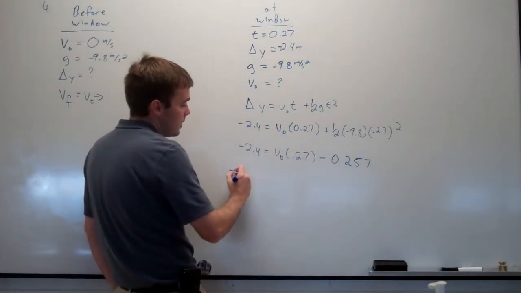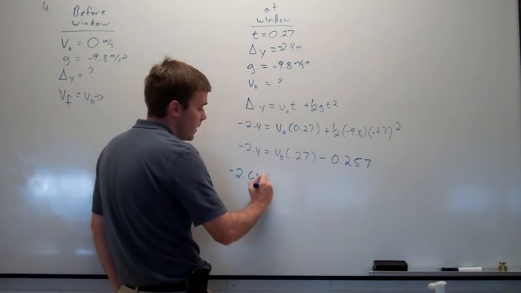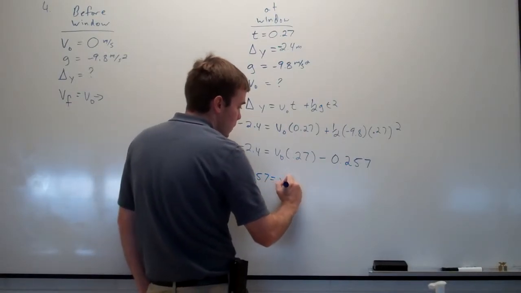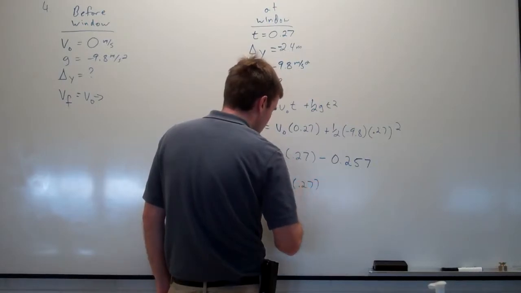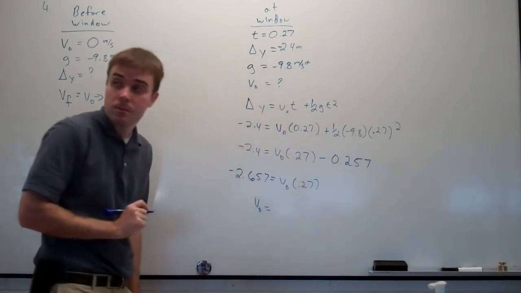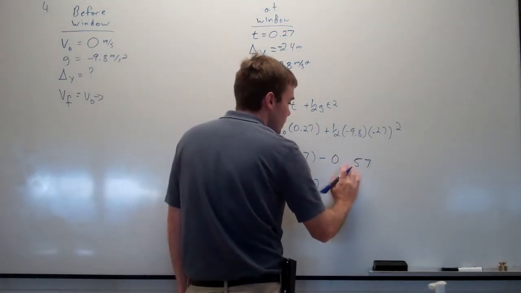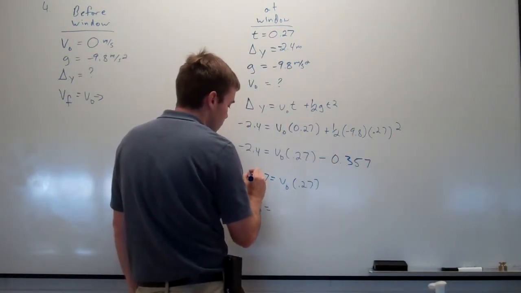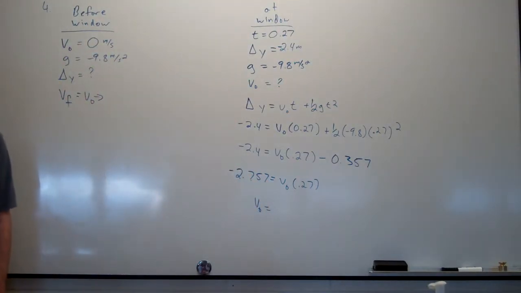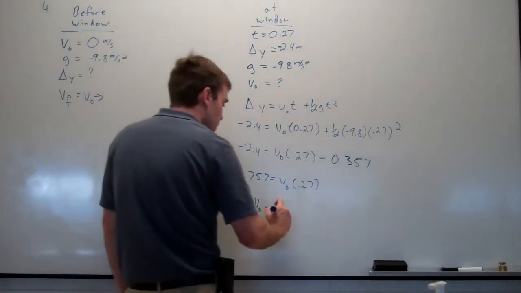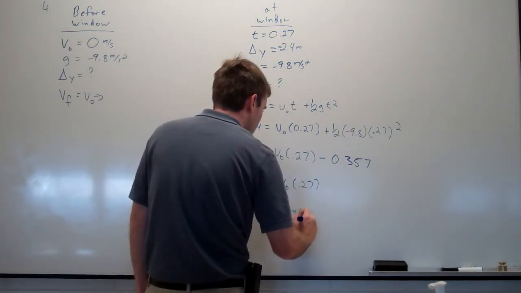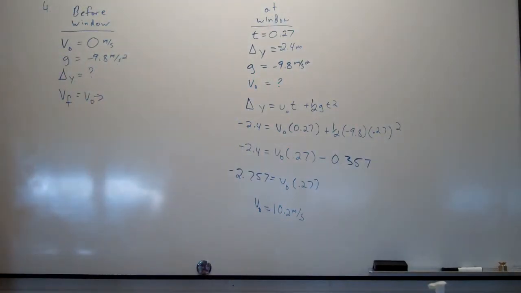Add that to this side, we get negative 2.657 equals v0 times 0.27. What does v0 equal? Does that make sense to everybody? You would add the 0.357, shouldn't it be 2.043?